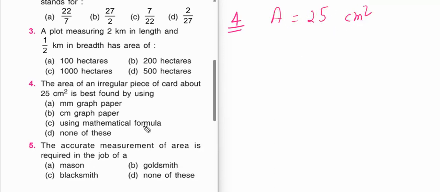It is best found by using, it's very easy, because the unit is centimeter square, so it should be measured by centimeter graph paper. Hence its correct answer is B, centimeter graph paper.